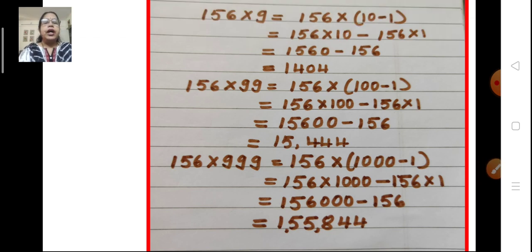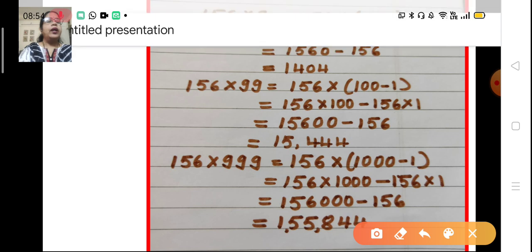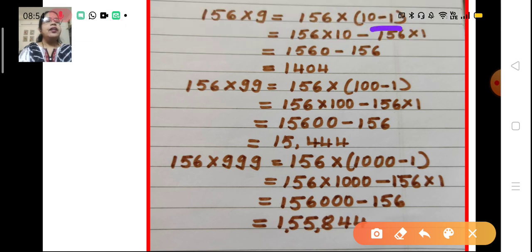Now the first one, 156 multiplied by 9. We have taken 9 as 10 minus 1, isn't it? Now using the distributive property, we will write it as 156 multiplied by 10 minus 156 multiplied by 1.